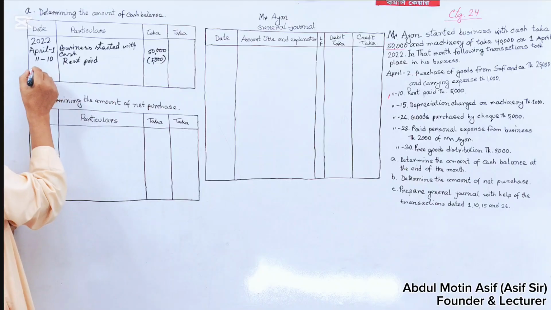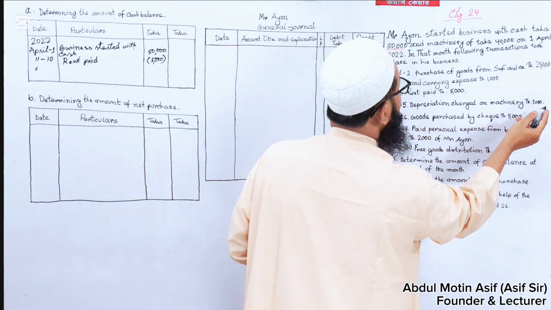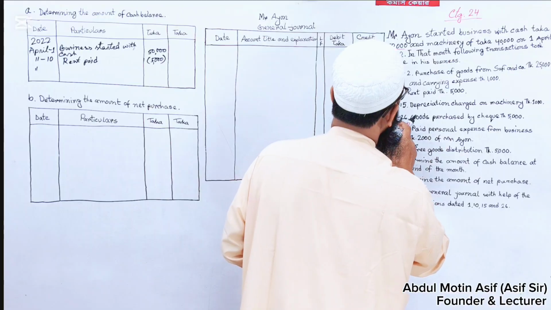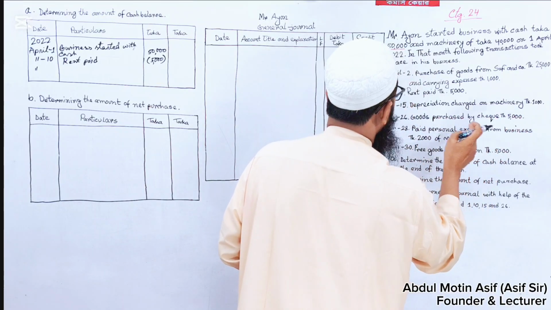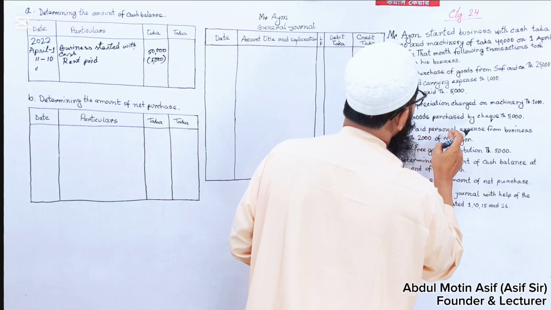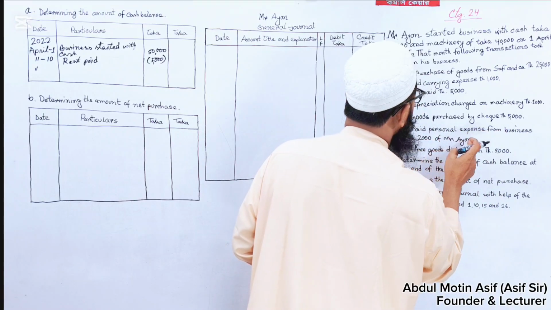Next, depreciation charge on machinery is not a cash transaction. April 26, goods purchased by check taka 5,000, it's not a cash transaction. April 28, paid personal expense from business taka 2,000 of Mr. Oyon.